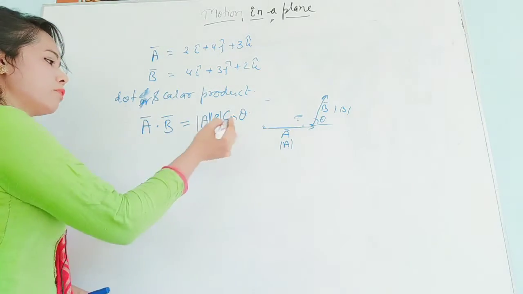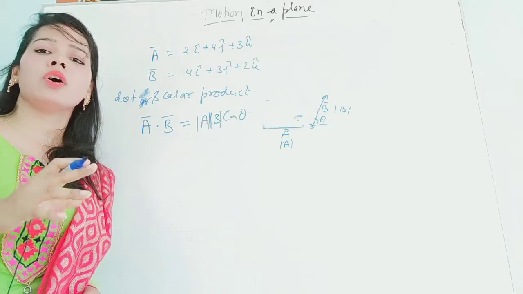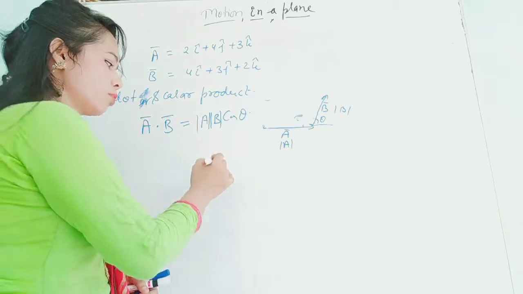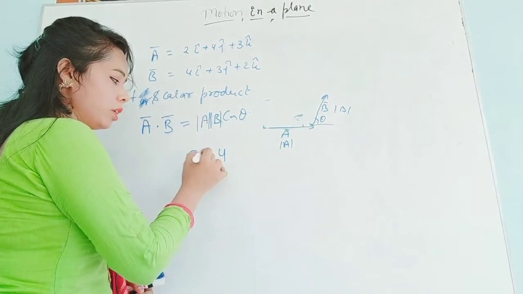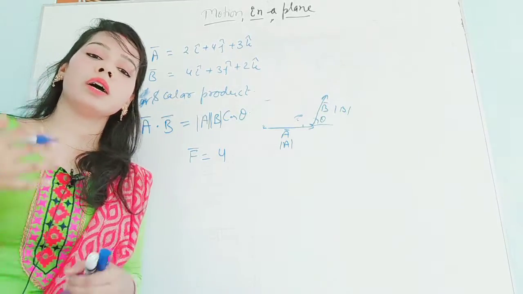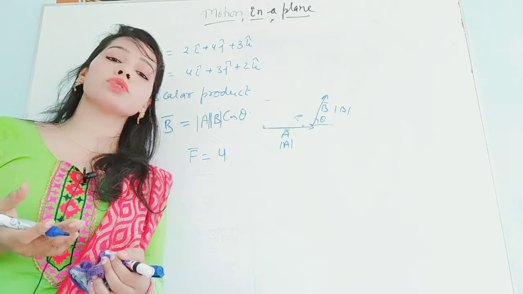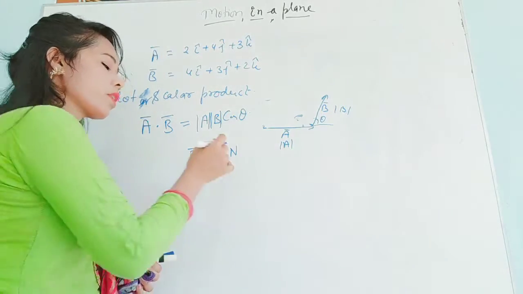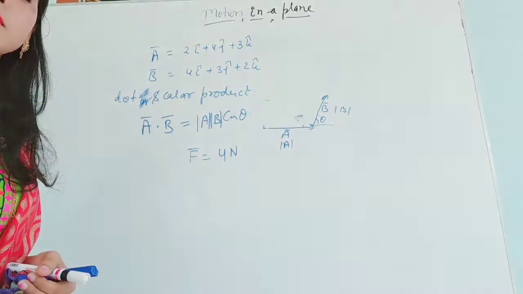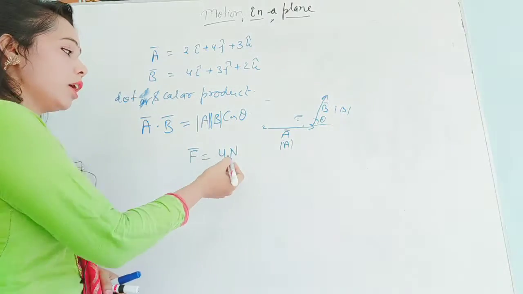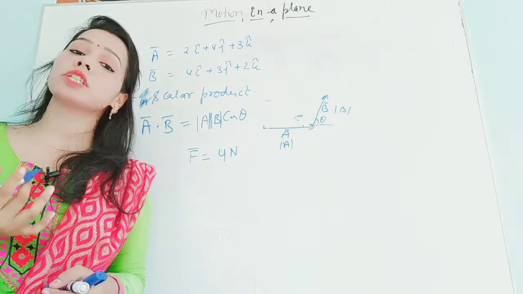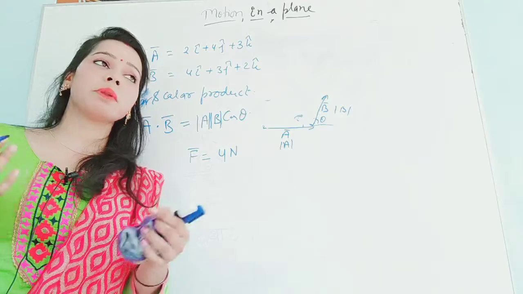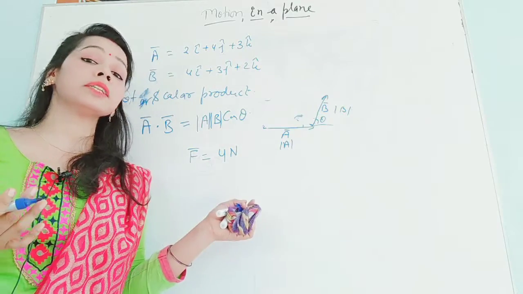So how can you find it? For example, suppose a force vector of 4 Newton is applied on a body, and suppose a displacement of 5 meter is done by this force.